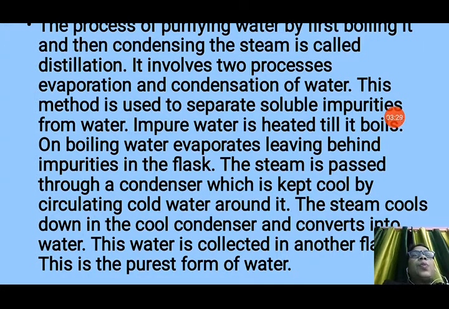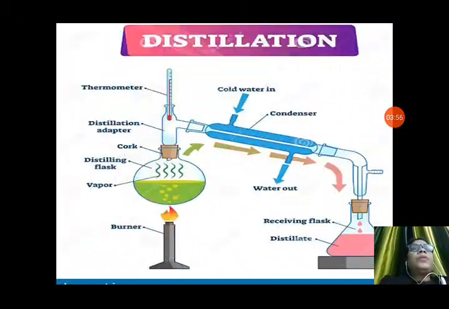The condenser is kept cool by circulating cold water around it, because cooling is important for condensation. So the steam cools down in the condenser and converts into water. This water is collected in another flask. This is the purest form of water, because it comes after evaporation.